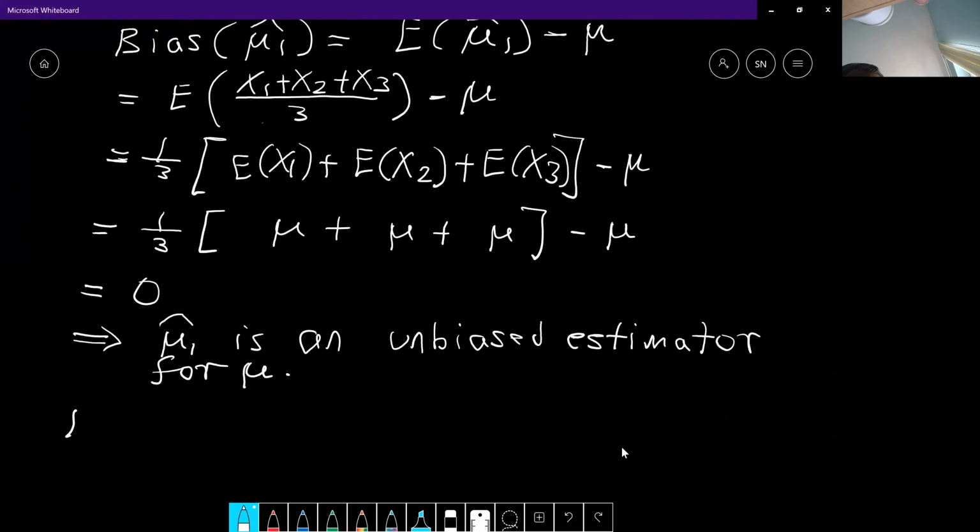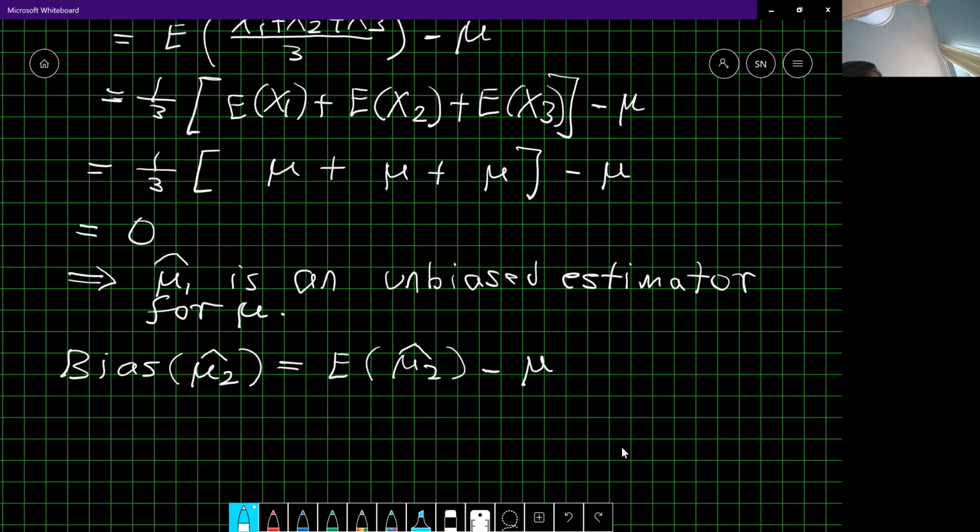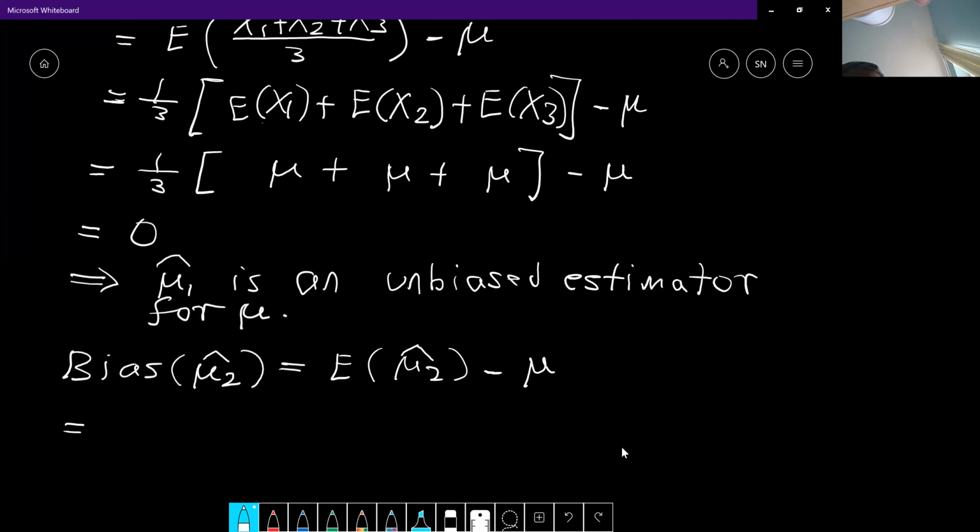Similarly, you do the same thing for mu2 hat. So the bias of mu2 hat is equal to the expectation of mu2 hat minus mu. So this would be the expectation of x1 plus 2x2 plus x3, divided by 4, minus mu.